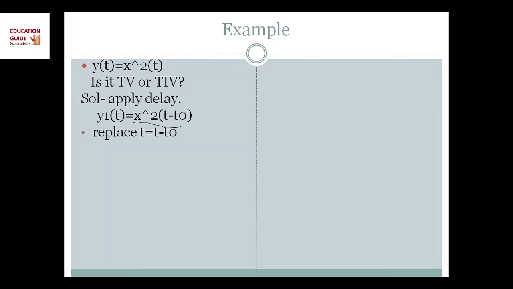Replace t with t - t0. Then we got y2(t) = x squared(t - t0). y1(t) is equal to y2(t). So it is a TIV system.